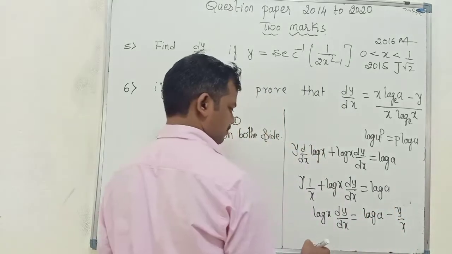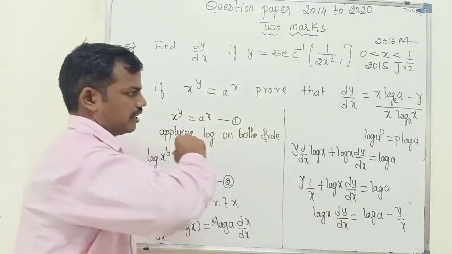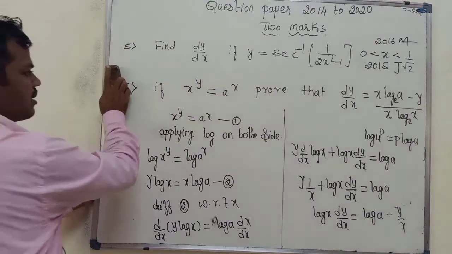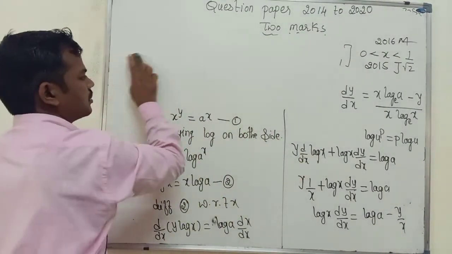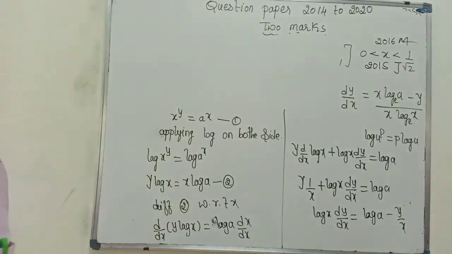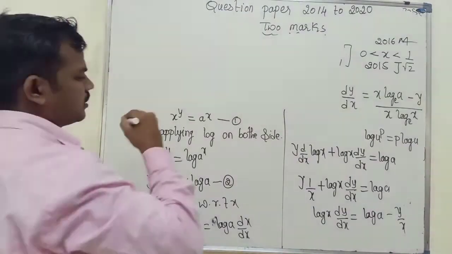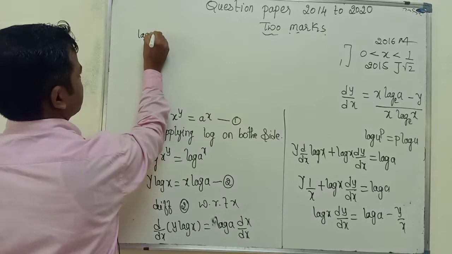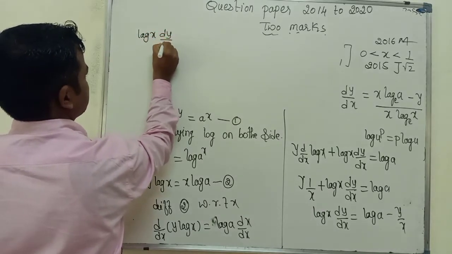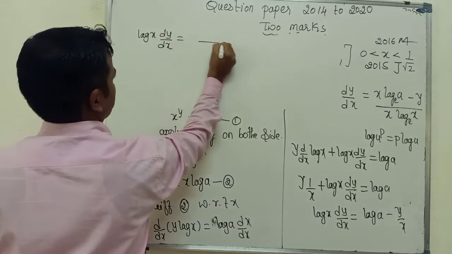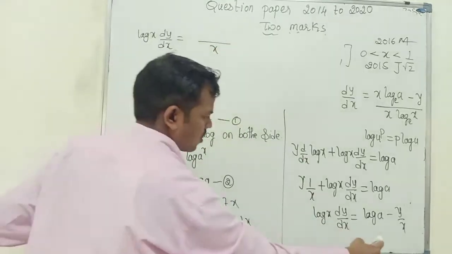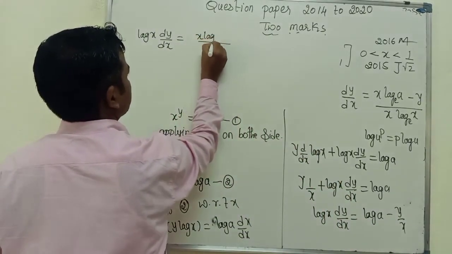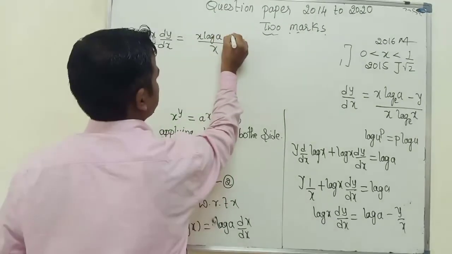So take LCM. What happens with the LCM? So shall I write this? So I solve the remaining part here. So log x into dy by dx is equal to, the LCM is x, cross multiply, x log a minus y.